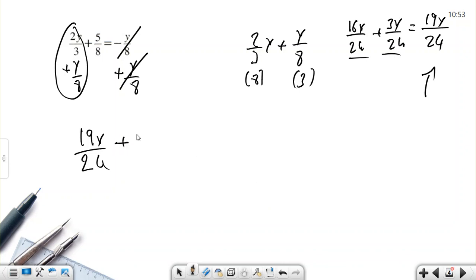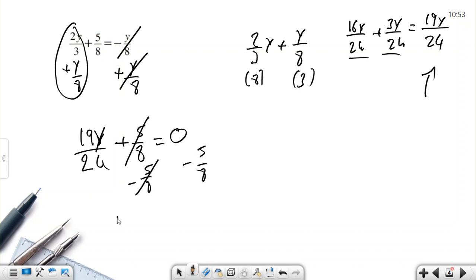It's plus 5 over 8. Don't forget that one. It's equal 0. Okay. We get an equation again. We haven't found the value of y. What can I do there? There's a plus 5 over 8. Let's subtract from both sides. But be careful, it must be minus 5 over 8 on both sides.